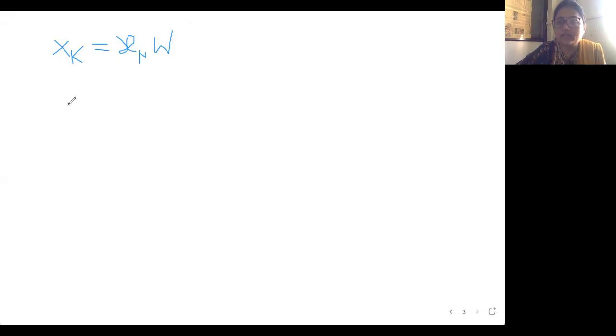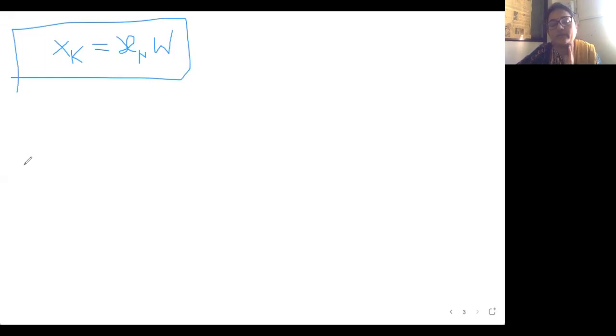So here, let us take down the problem of DFT. Calculate DFT of a sequence x of n is equal to 1, 2, 3, 4. We have already solved this problem, we'll cross check the answer in that case.